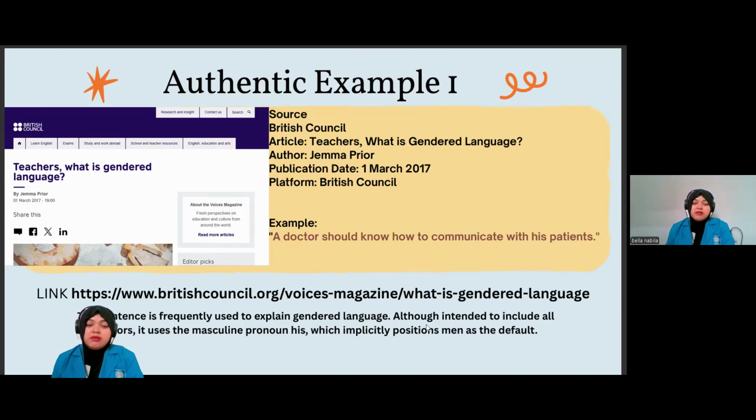This sentence is frequently used to explain gender language. Although it is meant to include all doctors, it used the masculine pronoun his, which implicitly positions men as the default. But in reality, there are so many doctors who are not only men, but women too.